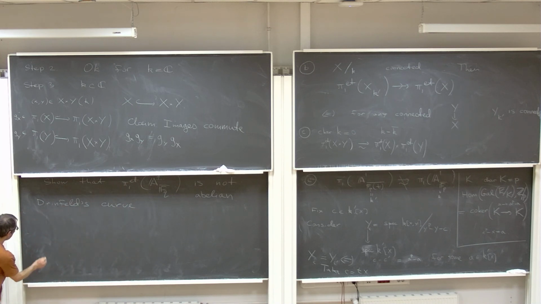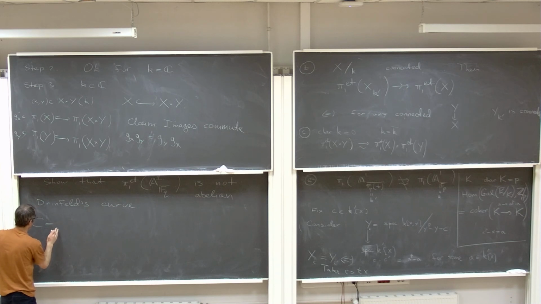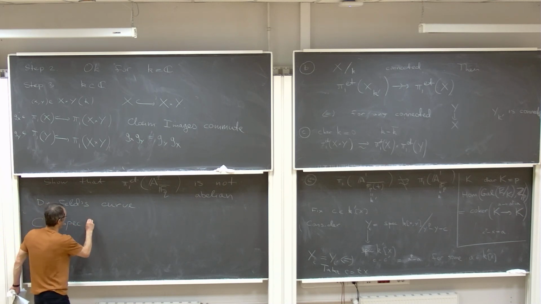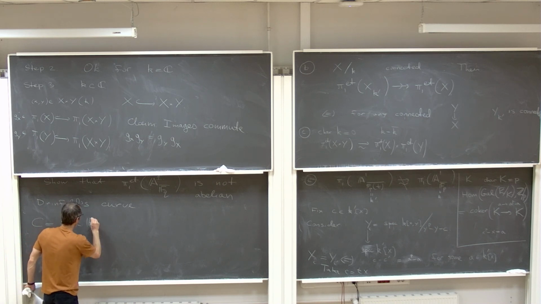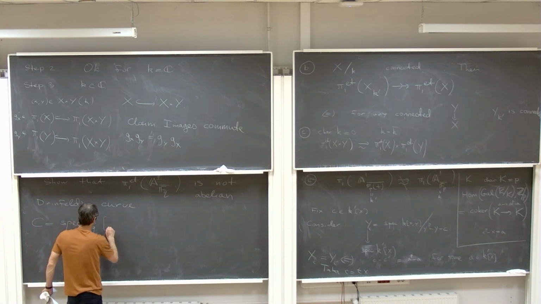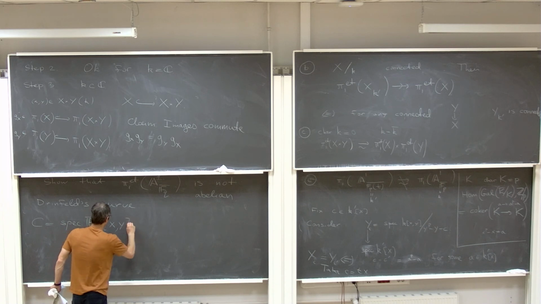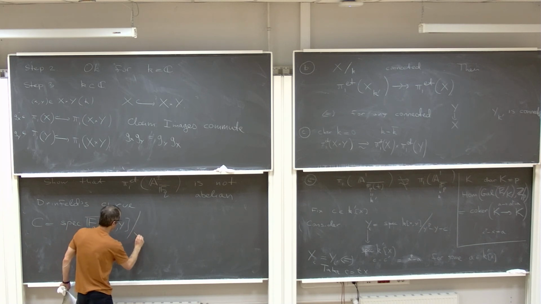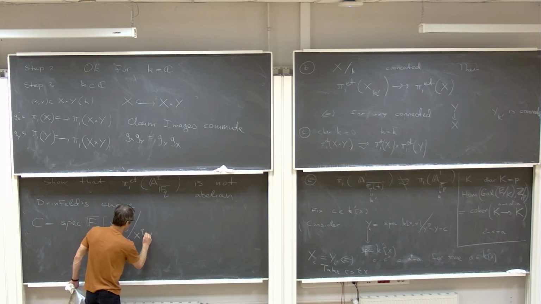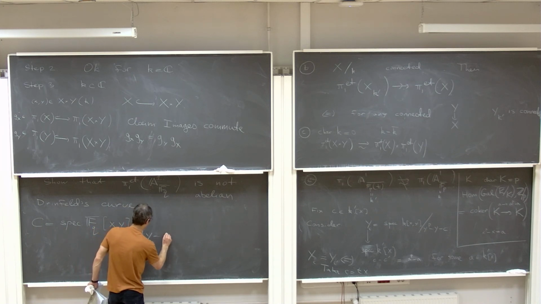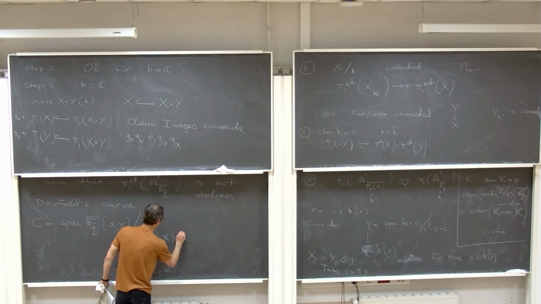So what you do, you define C as the spectrum of F_q bar x, y. The curve is given by the equation x to the qth power times y minus x times y to the qth power equal to 1.